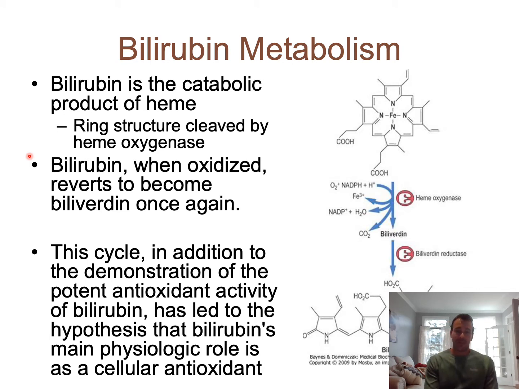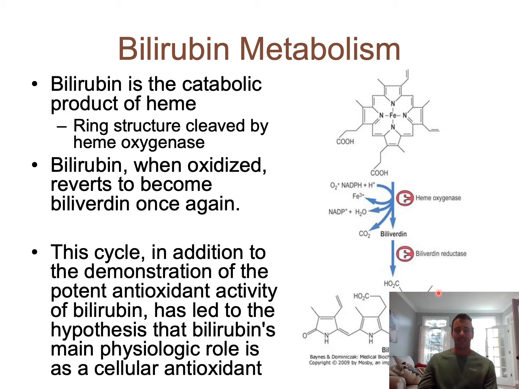Heme can break down to form a product called bilirubin. So here's what that looks like. The ring structure is cleaved by something called heme oxygenase to form biliverdin, and then biliverdin reductase forms bilirubin.